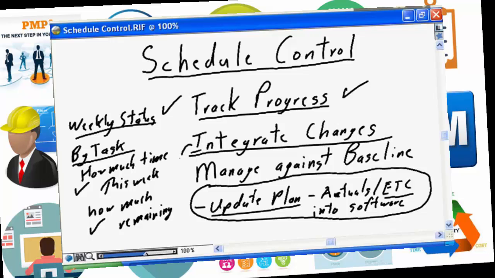Again, you need to take those approved changes, focus being the approved changes, and update the project plan. Add the approved changes into your approved project schedule and use that to again forecast the finish date.